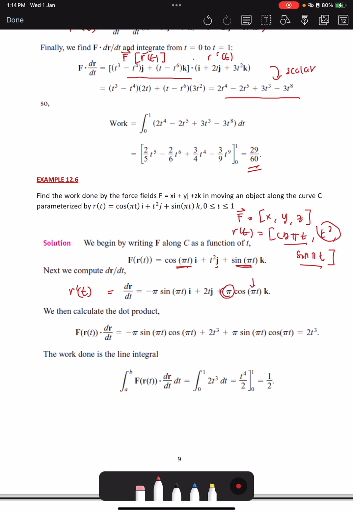And then you do the dot product just now, and you will get a scalar where this one can be negative and positive, will be 0, and you leave it with 2t to the power of 3. And now t is moving from 0 to 1. You find the integration of that, then you get the work done on that particular curve, which is equivalent to 1 over 2.